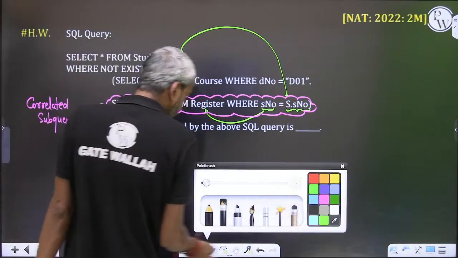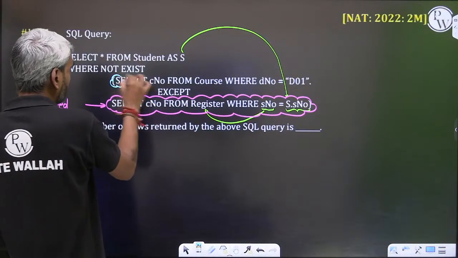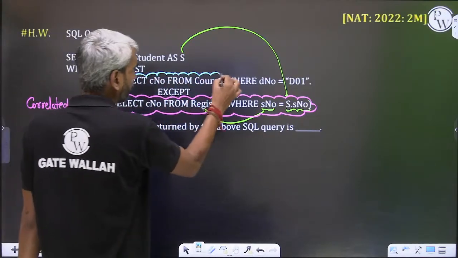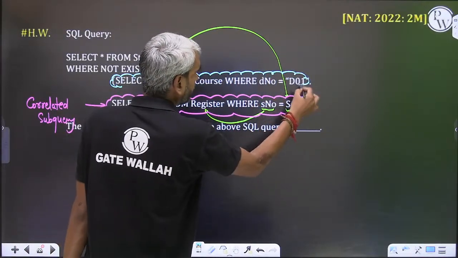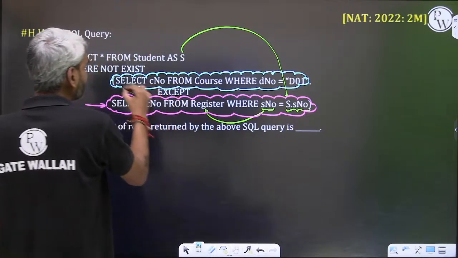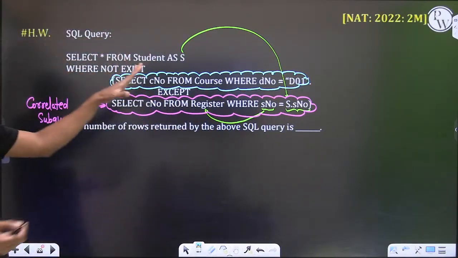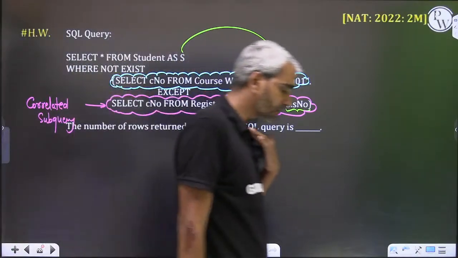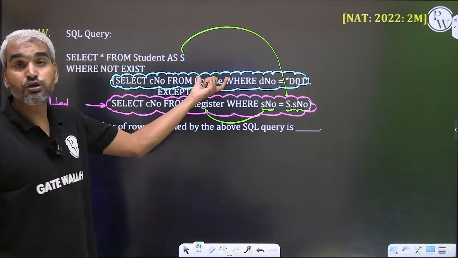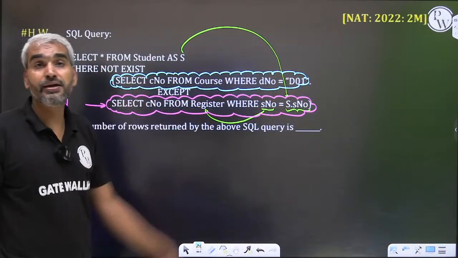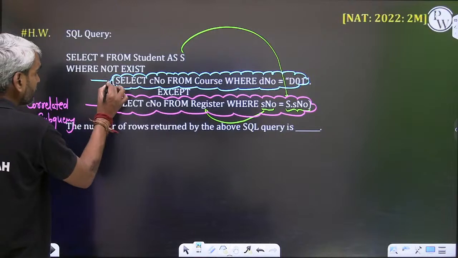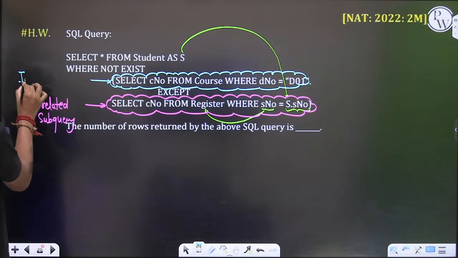But the first query, that is select C number, that is course number, from course where department number equals D01, is an independent query. No matter what other information is available, this query can be executed independently. Therefore, it is an independent subquery.